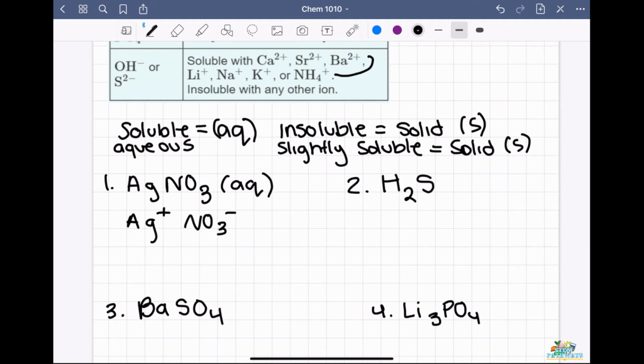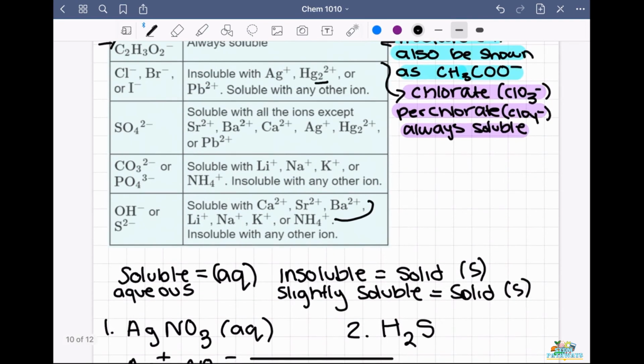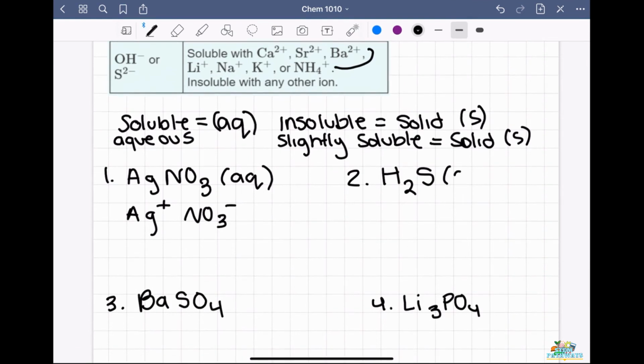Our next problem, we have H2S. If we come up here, our last rule, we see that it is insoluble with any other ions except these right here. So it would just be solid with no dissociation. So we just leave it as is.